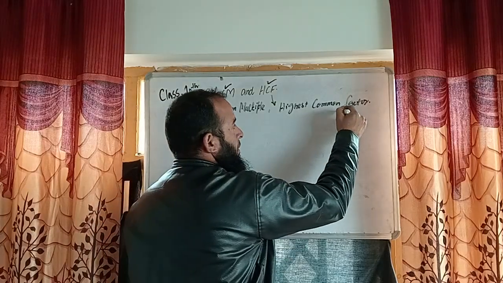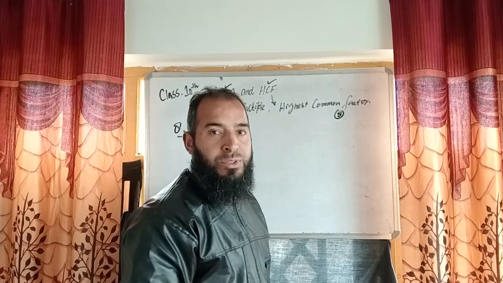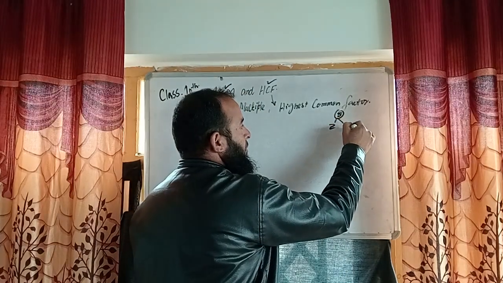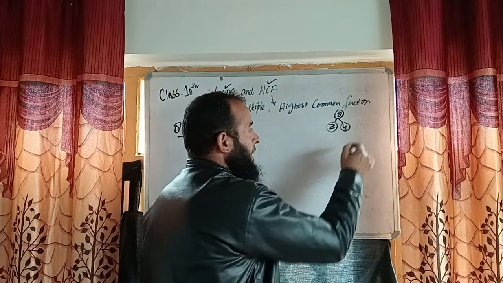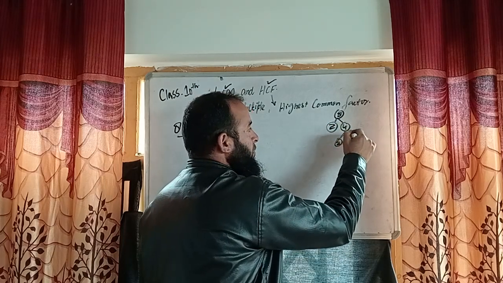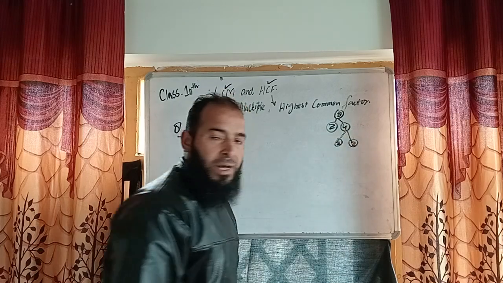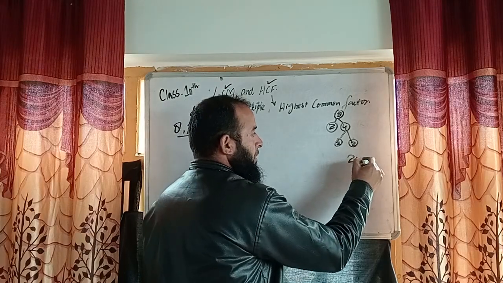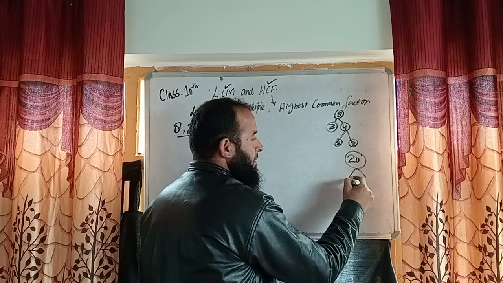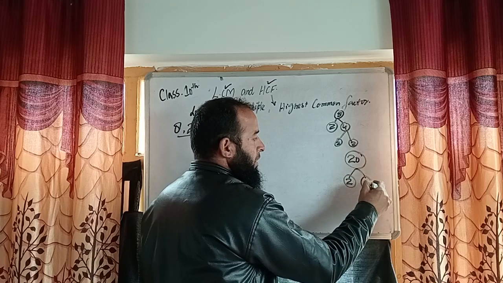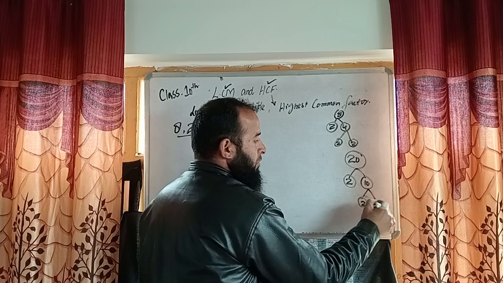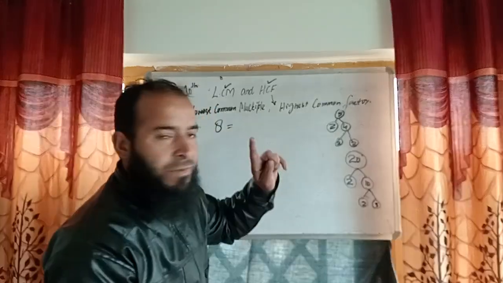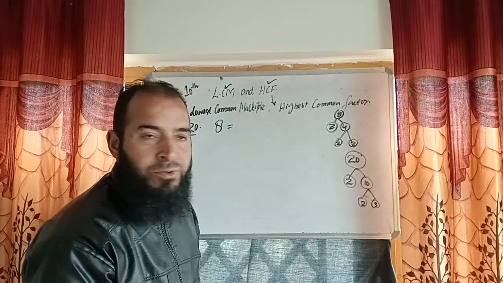If we use the tree method, 8 can be written as 2 and 4, and this 4 can be written as 2 and 2. Likewise, 20 can be written as 2 and 10, and 10 can be written as 2 and 5. This is the prime factorization of 8, and this is the prime factorization of 20.